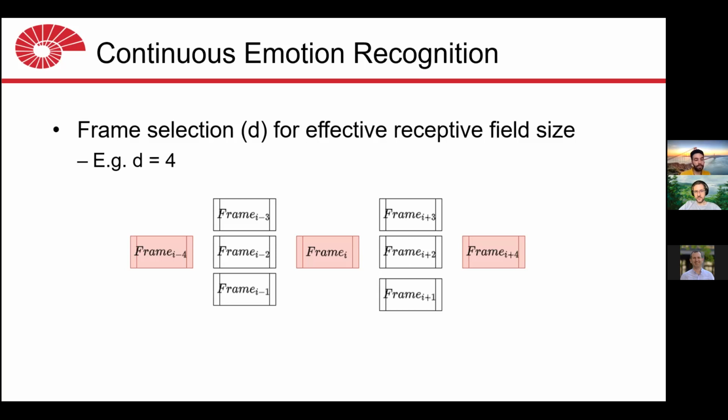The affective states, the emotions, tend to change slowly, and by considering this information, we think that consecutive frames include low extrinsic information. So in order to increase the receptive field size of our network or our module, we skip frames.